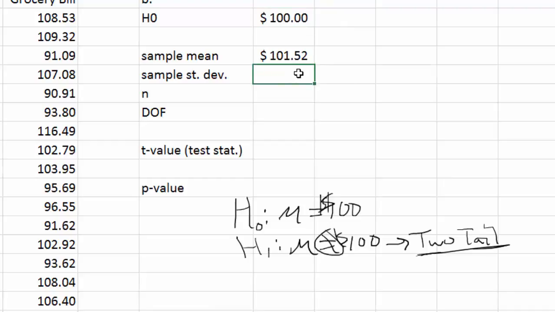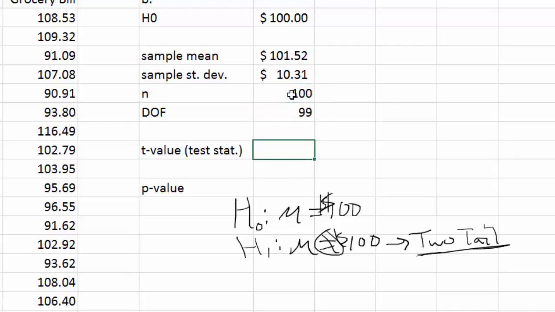So we've got to do our test statistic to find this out. Sample standard deviation, STDEV.S, B2 to B101. That's in dollars too, so let's put that in dollars. The sample size n is 100. I could do a count or just type it in. I know it's 100. And my degrees of freedom is equal to that minus 1.